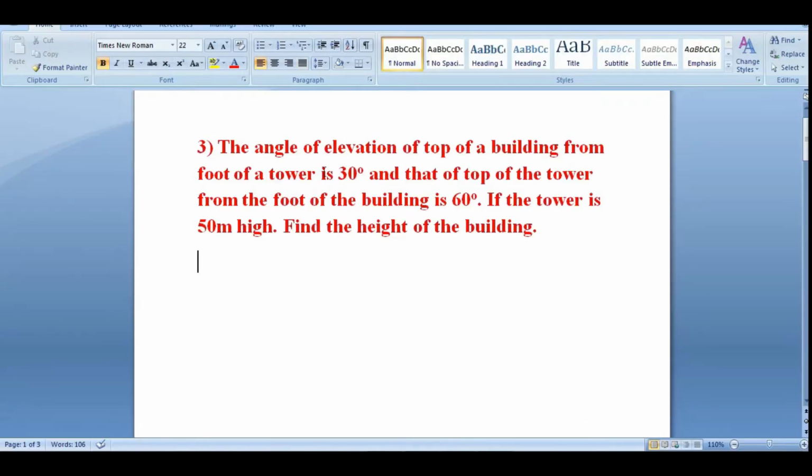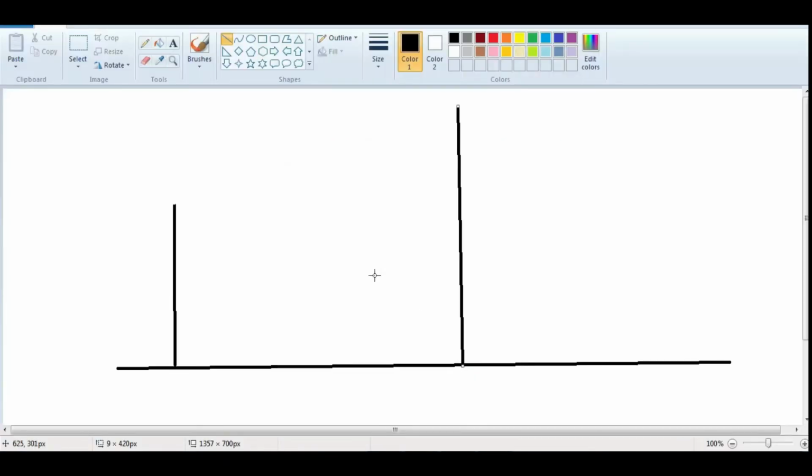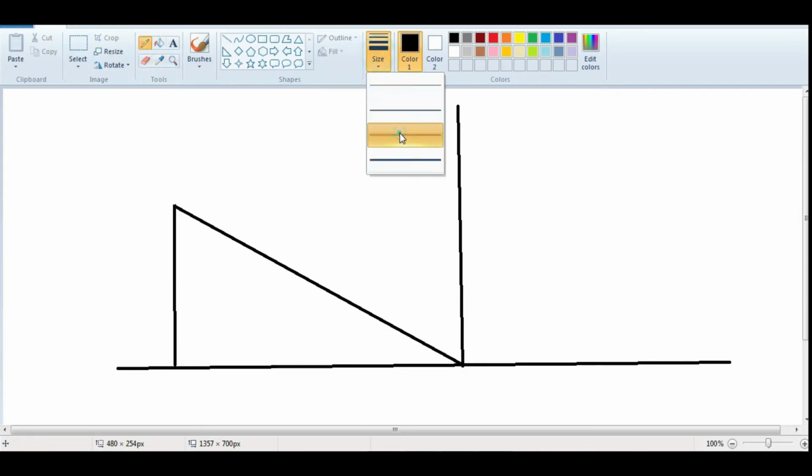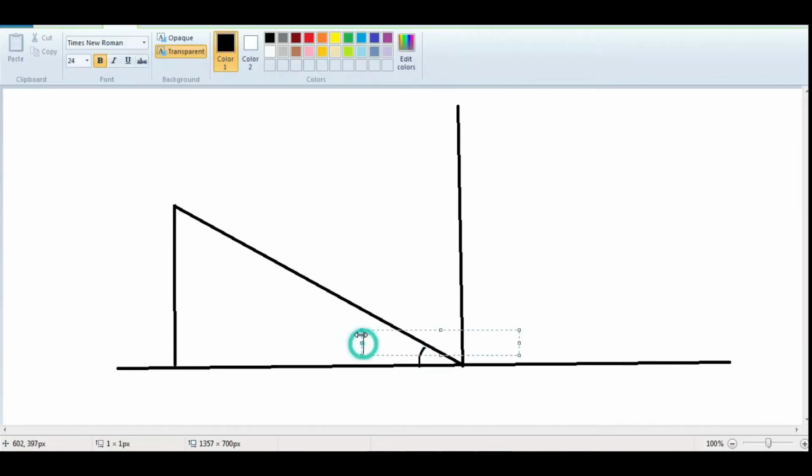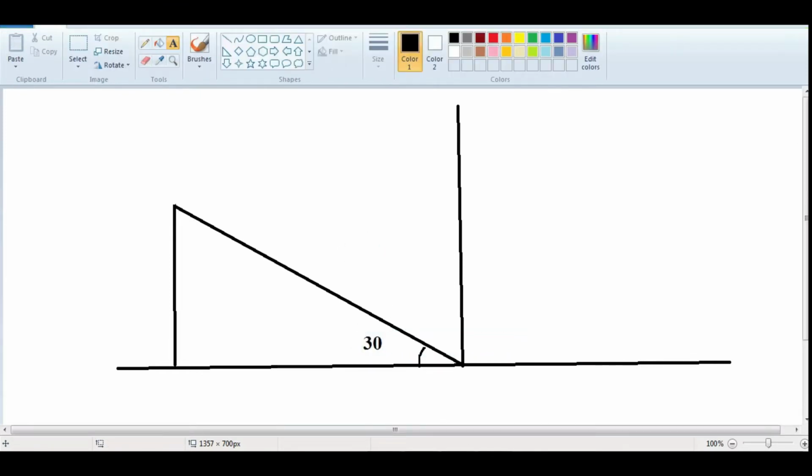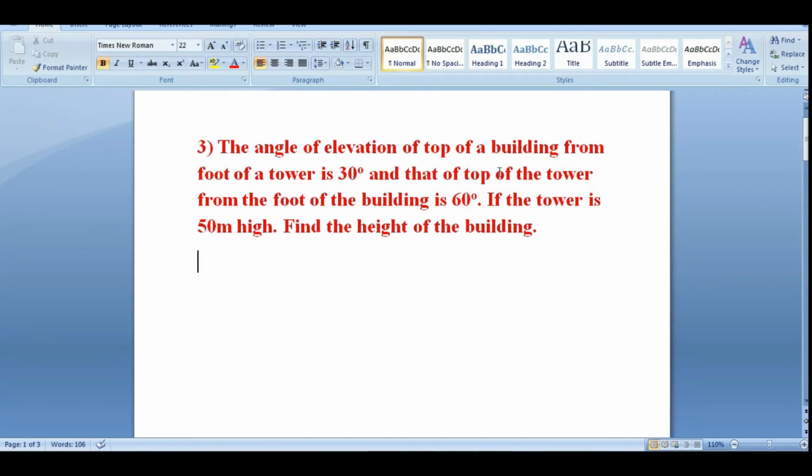So first we are given that angle of elevation of top of a building from foot of a tower is 30 degree. So there's a foot of the tower and there's a top of the building. So here the angle of elevation is 30 degree. Now the angle of elevation of top of a tower from the foot of the building.